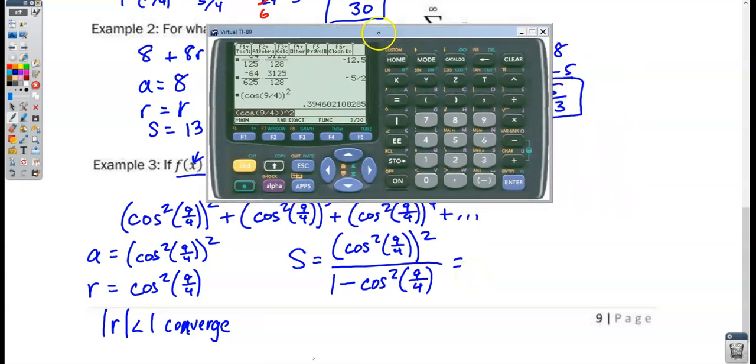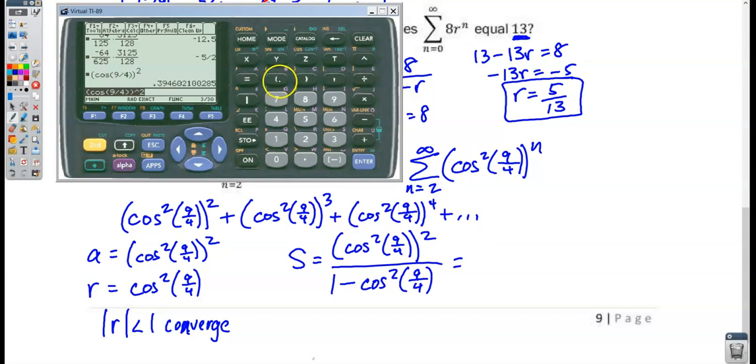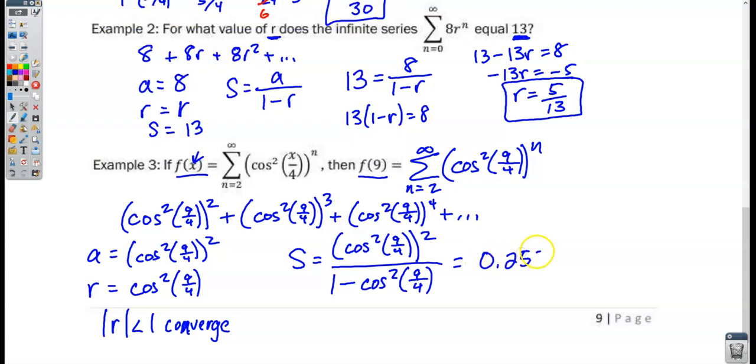So this is going to be cosine of 9/4, quantity squared, over quantity 1 minus cosine of 9/4, quantity squared. And we end up finding that the value of this sum is going to be 0.257.